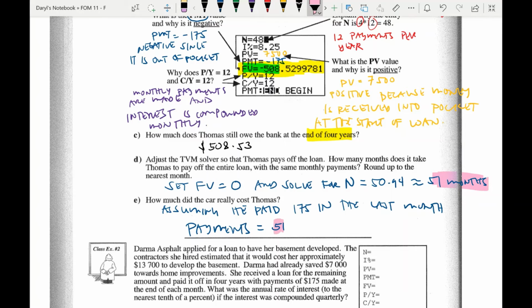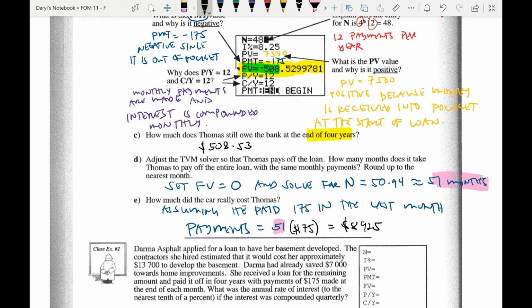So 51 times $175 is around 8,925. That means the cost of the car is really 8,925, because that's the total amount that he paid for that particular car. Again, you can expect that it should be more than 7,500. So there's a total interest of around 1,425.